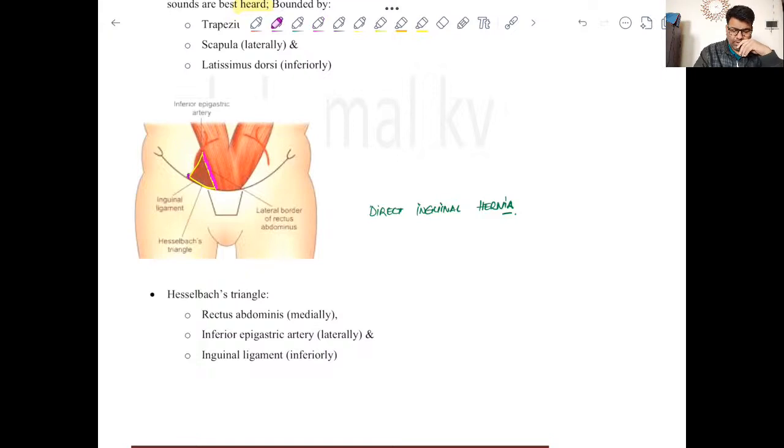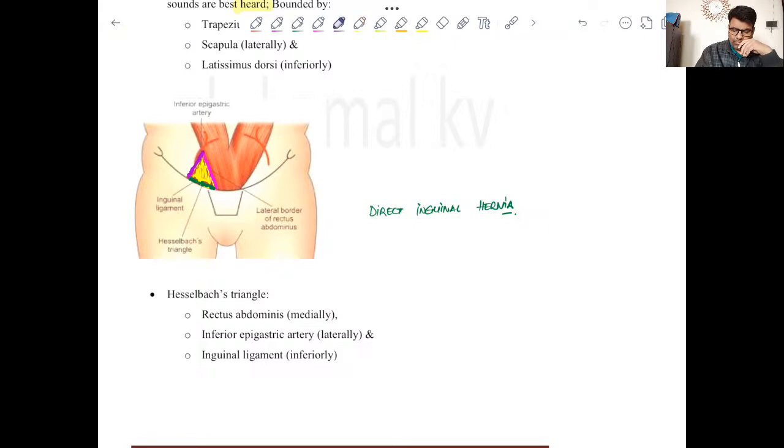The lateral boundary is formed by the inferior epigastric vessels, and the inferior boundary is formed by the inguinal ligament. So this is the triangle here, and this triangle is known as the Hesselbach's triangle. Clear? And this is the site of direct inguinal hernia. Clear?